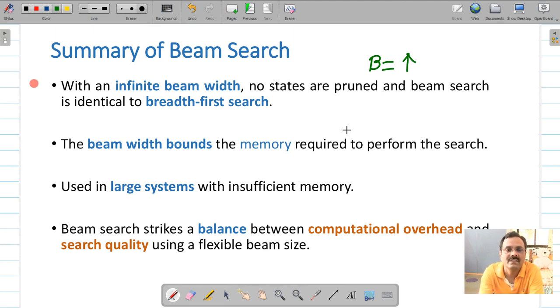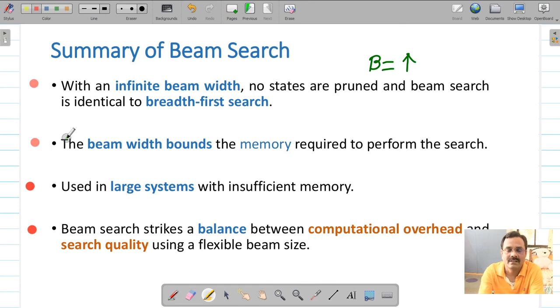It has advantages of both the algorithms. Then because of this beam width, you can limit memory requirement of this algorithm. Therefore, this is used in large systems. And this beam width gives you the balance between computational overhead and search quality in large systems.